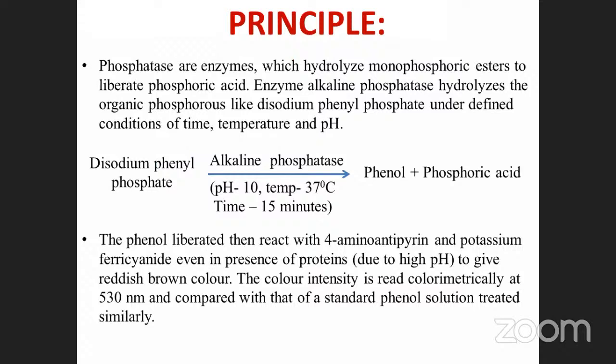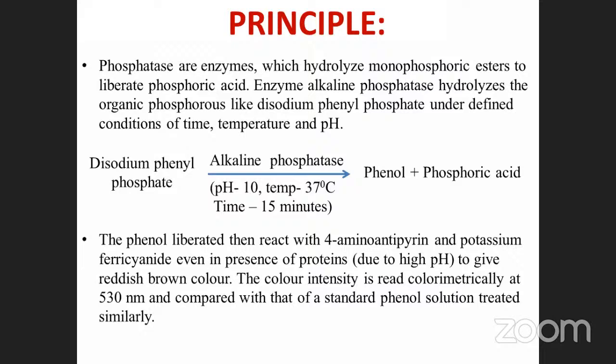All of you know the principle. In colorimetry, this part is completed: a biochemical substance or enzyme reacts with some chemicals to form a colored product, and the concentration of that colored product depends on the substance present in the biological fluid. The same method is used for the estimation of serum enzymes. These are the enzymes, phosphatases, which hydrolyze monophosphoric esters.